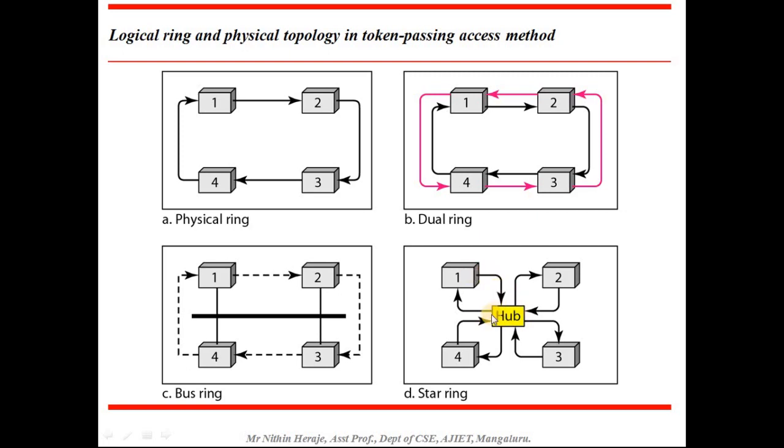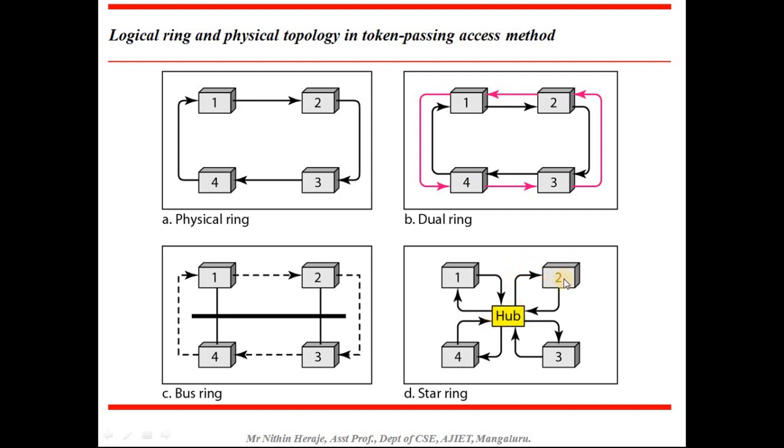So again here you can see there is a cyclic thing happening. Even here, if station 1 does not want to send any data, it sends the token to station 2, and if station 2 wants to send data, it will send the data to the intended station, for example 4, and 4 will send back the acknowledgement to station 2.